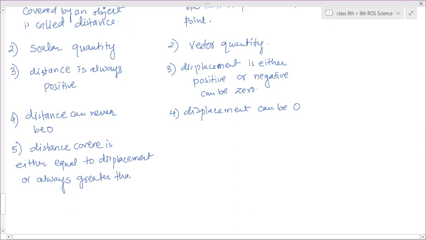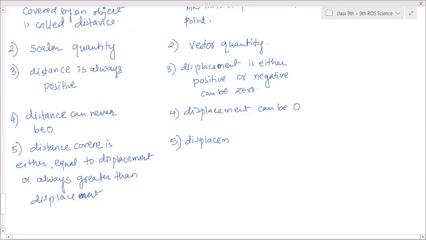Ma'am, I didn't get it. What you didn't get? Ma'am, how come the distance is equal to displacement? When they are moving in one straight path without change in direction. But that is not always right.